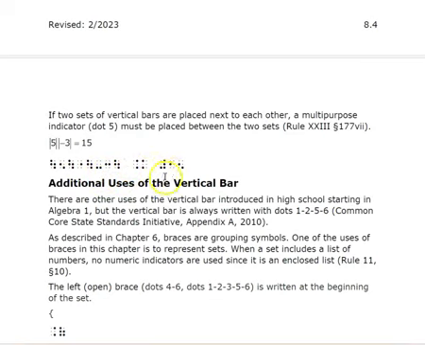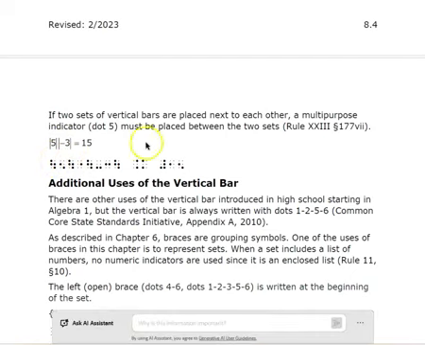Space equals space 15. If you want to understand why it's 15, it's because when there's something placed directly next to each other, it's considered multiplied. So that's 5 times 3 is 15.